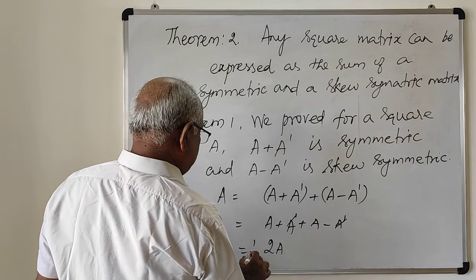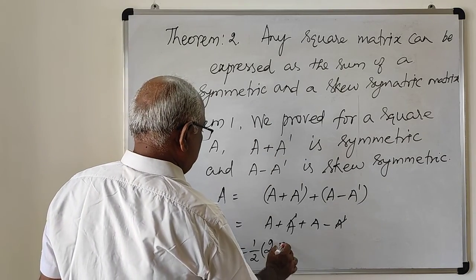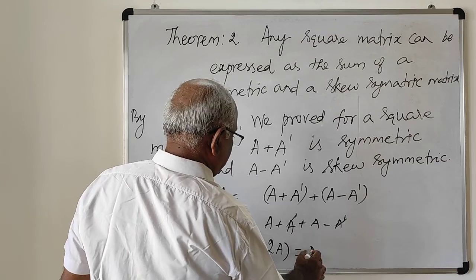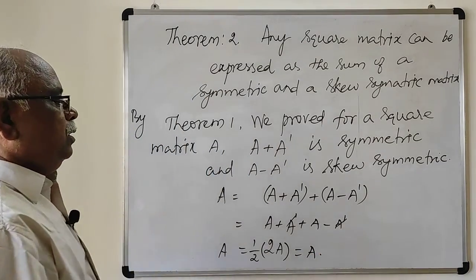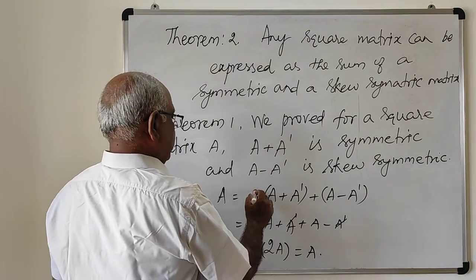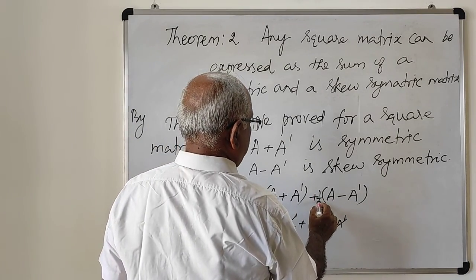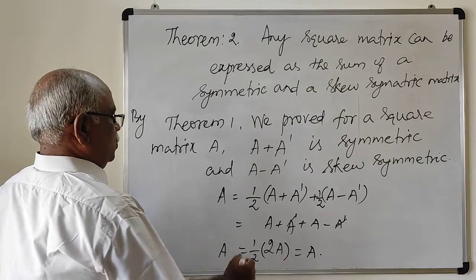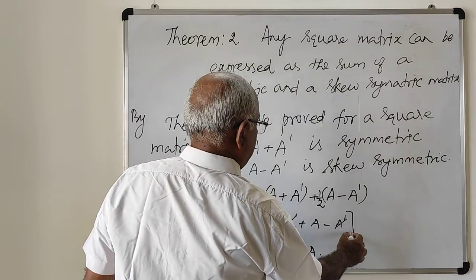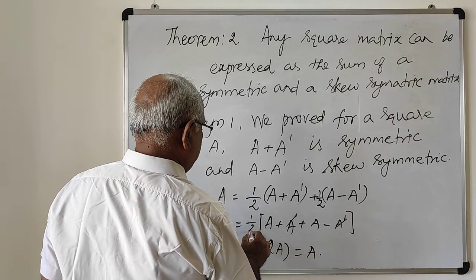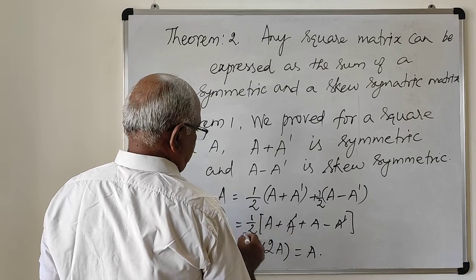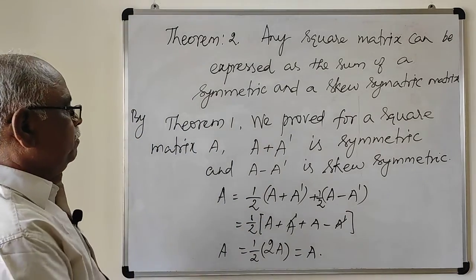To compensate for this, you have to multiply by 1 by 2. Then only you will get A. So the symmetric matrix will be 1 by 2 and the skew symmetric matrix 1 by 2. Commonly, I have taken 1 by 2 outside. Now I will get A.